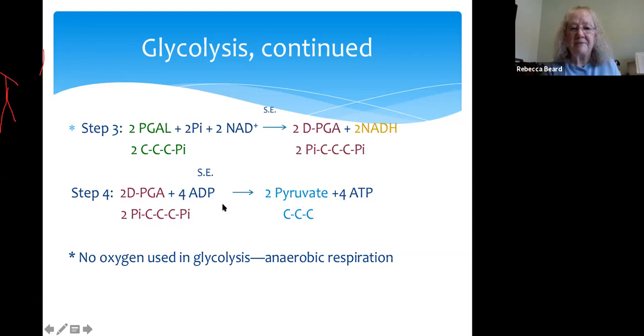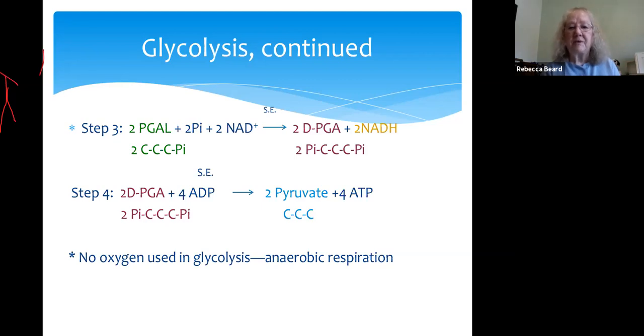Do you see that? And this is going to make 2 pyruvate molecules and 4 ATPs. So these ADPs pick up those phosphorus molecules, and that becomes ATP. So we're going to end up making some energy in this reaction. So we use 2 to get started. We're going to make 4, so there's a net gain of 2 ATPs of energy in this reaction.